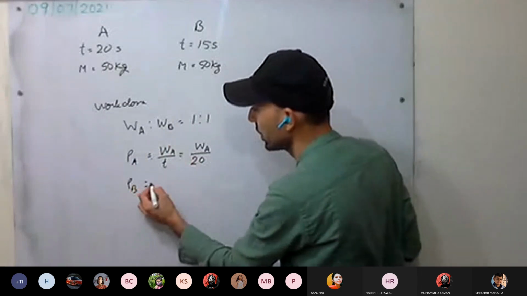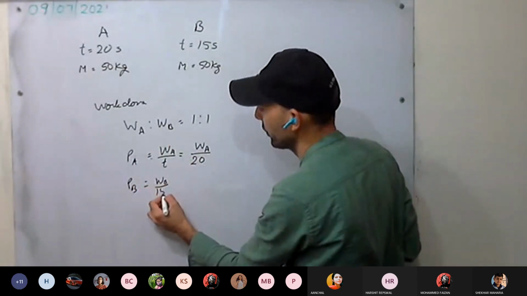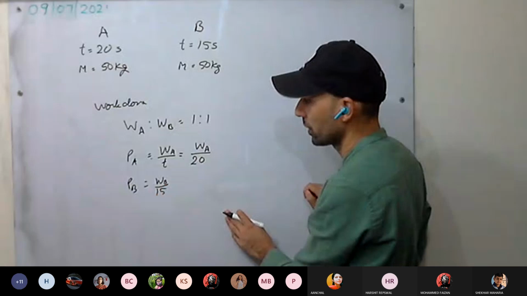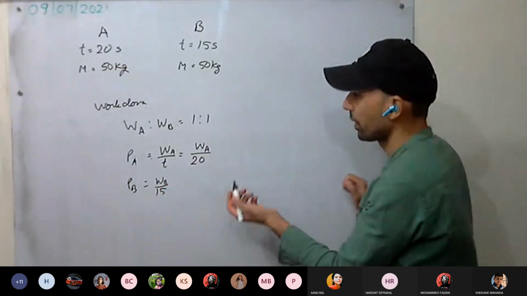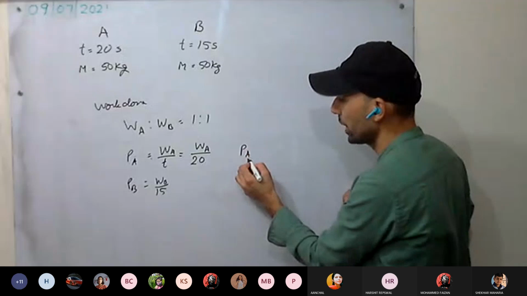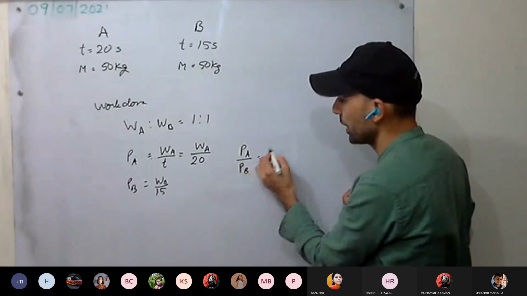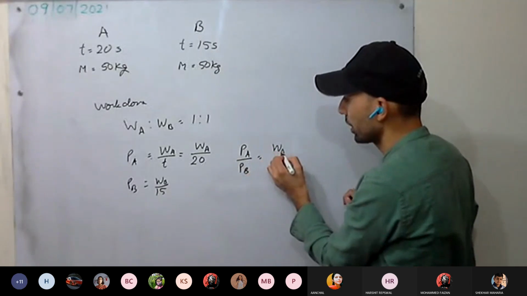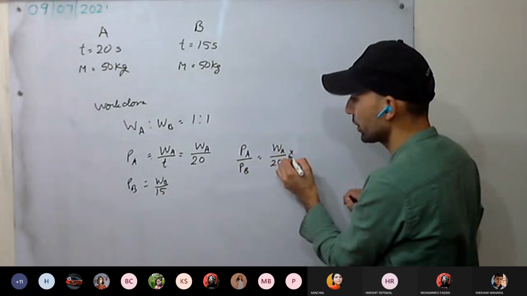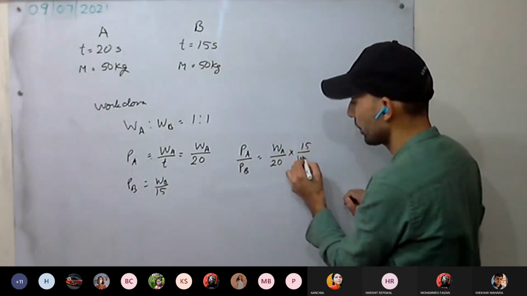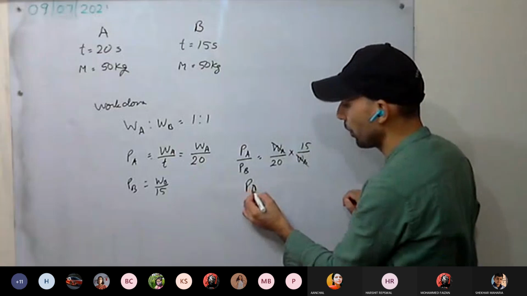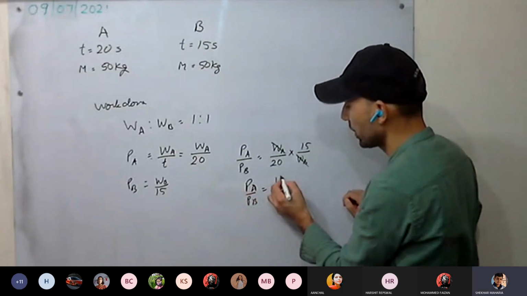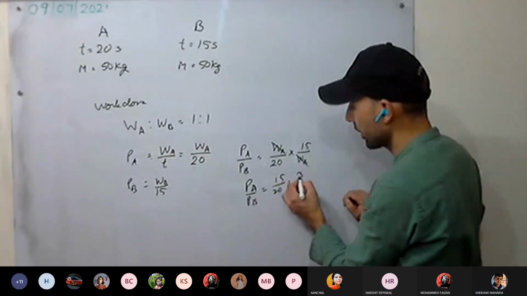PB will be WB upon 15, yes or no? And WA and WB are same. PA upon PB equal to WA upon 20 into 15 upon WB. These are same, they will cancel each other. So PA upon PB will be 15 upon 20, that is 3 upon 4.